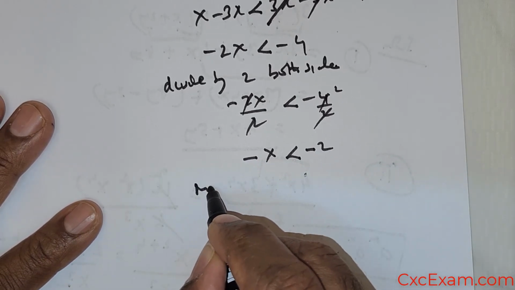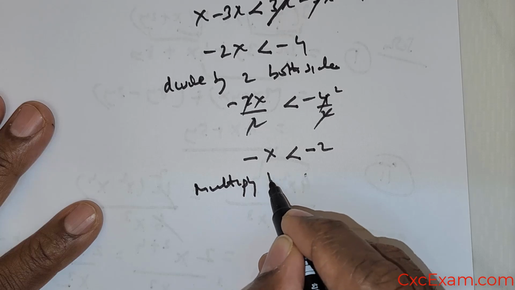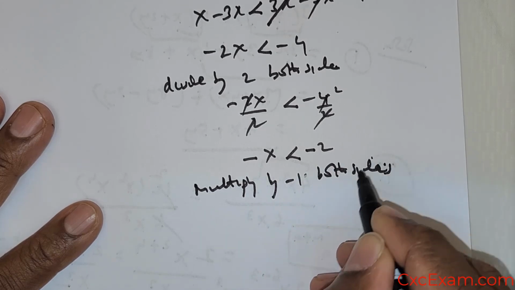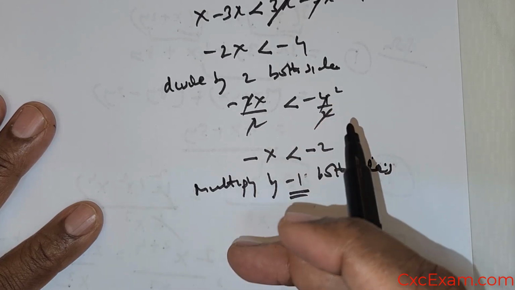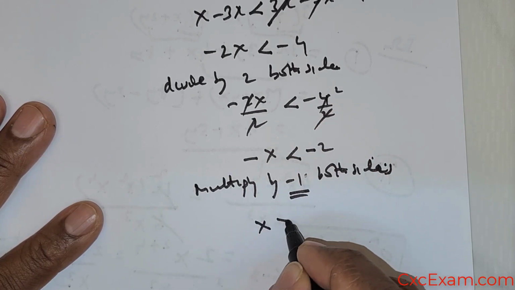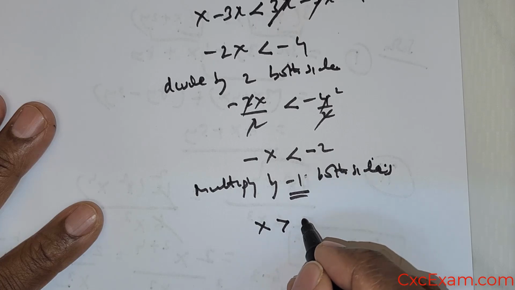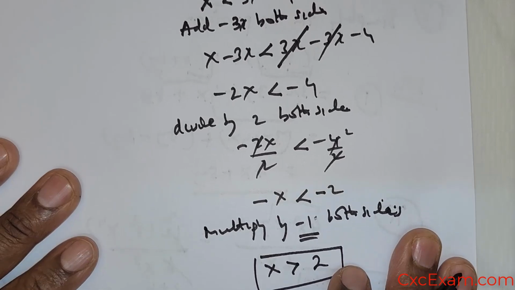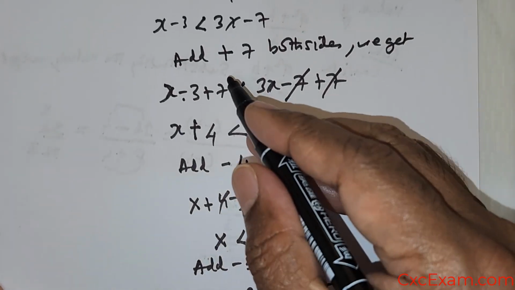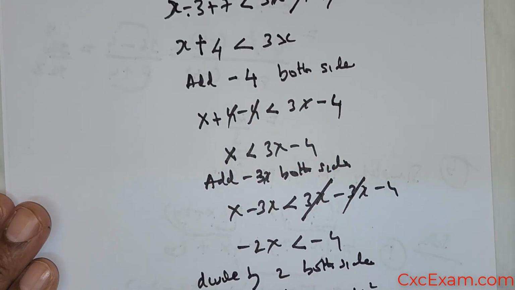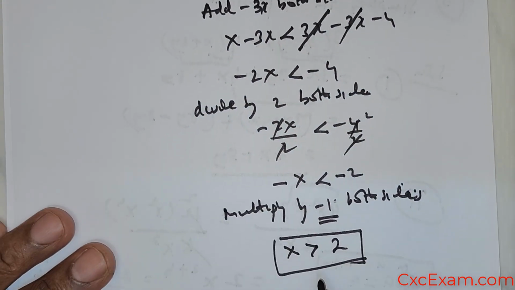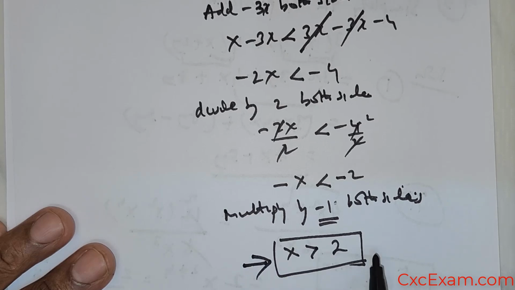Now I would like to multiply by negative 1 on both sides. When you multiply by negative 1, the inequality will change. So this will become x greater than negative negative, positive 2. So this will be the solution. Now you don't have to follow this system of working, but you have to make sure that you arrive at this answer.